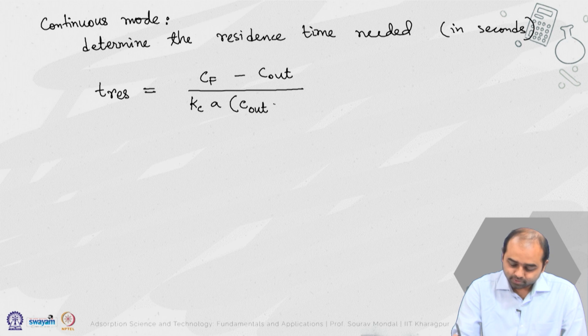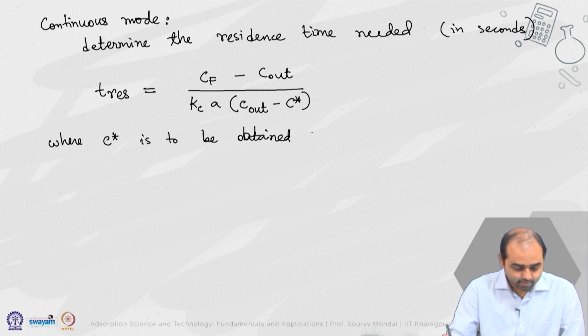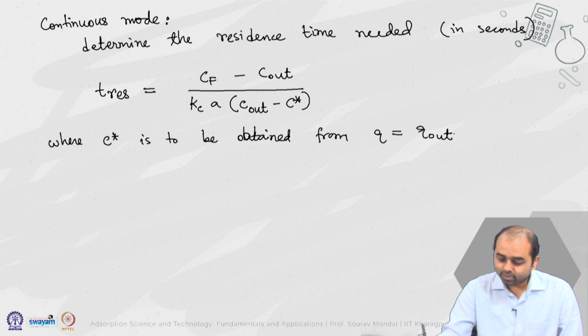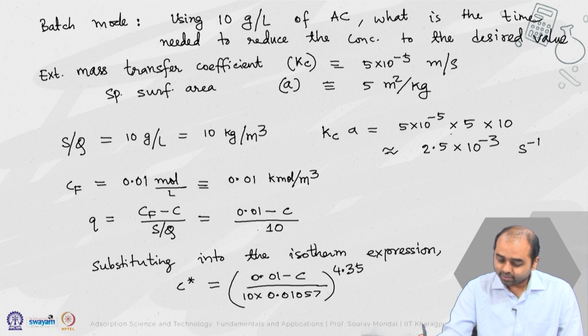Of course, the C star has to be obtained from the relation that Q is equal to Q out, and that is something we have already worked out in this case.